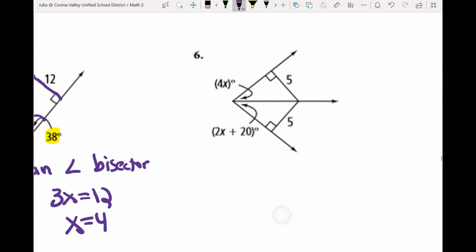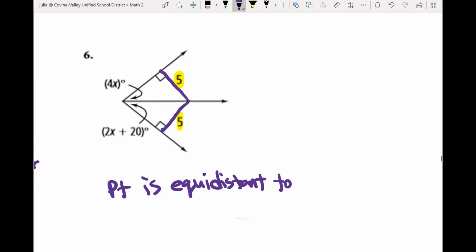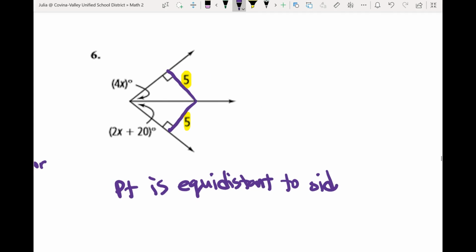All right, and number 6, what do you know? They're the same distance to the edges. Good, we know that much. The point is equidistant, same distance. So therefore, we're allowed to say that makes it a bisector.